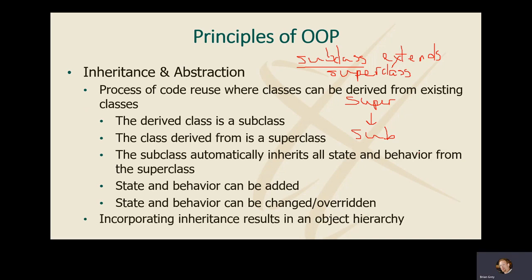And as you can even see here, we get an object hierarchy. An athlete, the concept of an athlete, right? versus the concept of a football player. Versus the concept of a skill position.